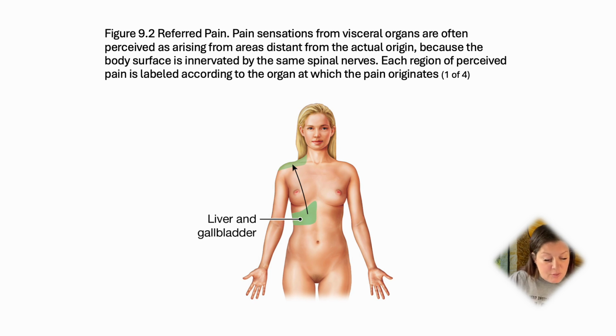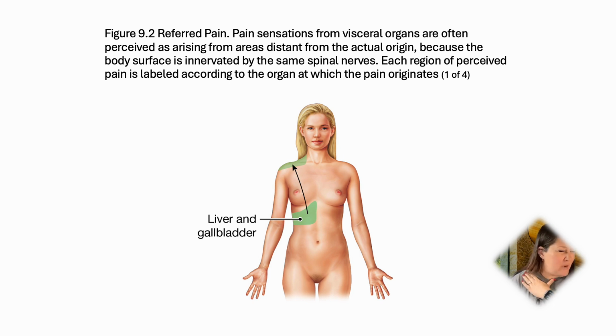On page 346, there are some examples of referred pain. For example, on this slide, we're talking about the liver and gallbladder. I have pain in my gallbladder, and I perceive that I also have pain in my right shoulder. Pain in my right shoulder, but I haven't had any trauma. I haven't slept on it wrong.